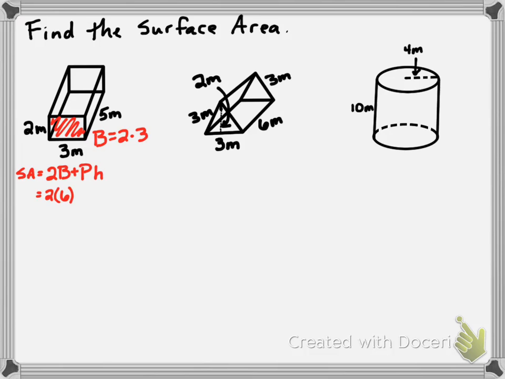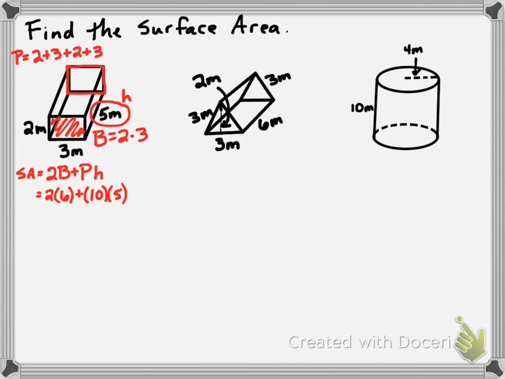So 2 times 6 plus the perimeter, the distance around, would be 2 plus 3 plus 2 plus 3. Because this side is 2, then 3, then 2, then 3. So my perimeter is 10, and then the height of the prism is that 5.